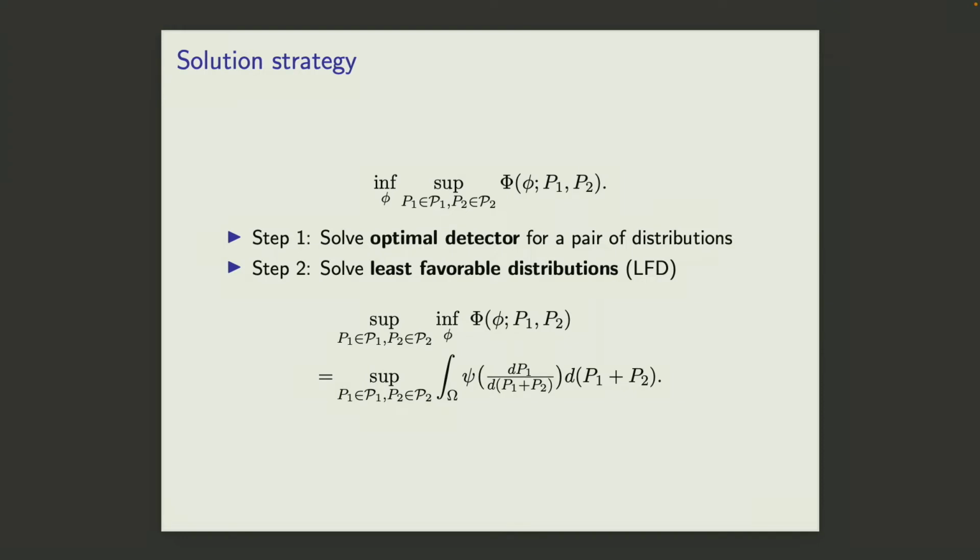The solution strategy is first for a pair of arbitrary distributions P1, P2, we can find the optimal detector, similar to what Arkady has done. And second, we can find the LFD, least favorable distributions. Okay, that is the most difficult pair of distributions to detect. And because of that structural property, those LFDs turn out to be discrete, supported on the unions of training samples.